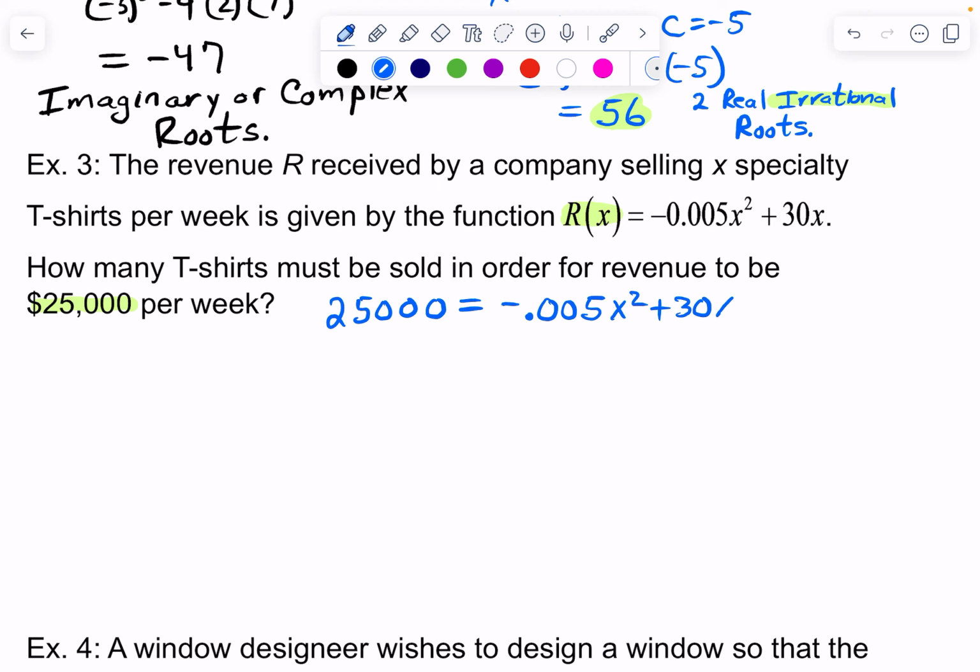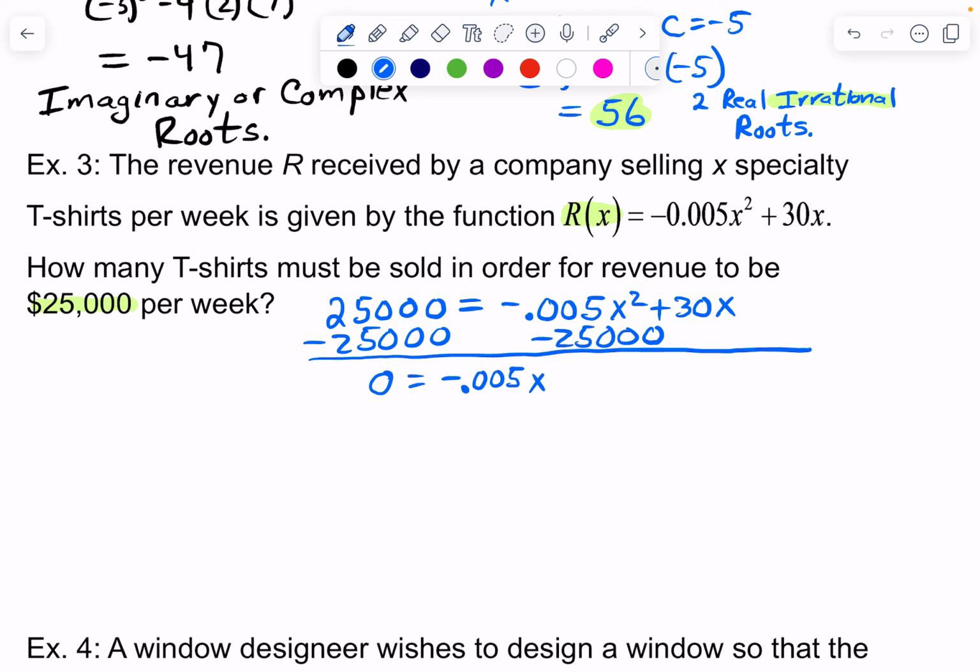So first things first, after we plug in our known values, we're going to go ahead and rewrite this in standard form. So I'm going to subtract 25,000 from both sides. That's going to give me 0 equals negative 0.005 x squared plus 30x minus 25,000.